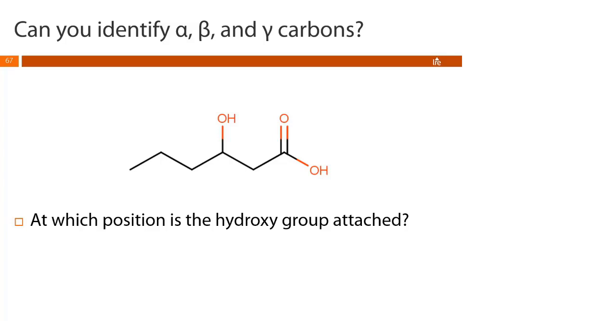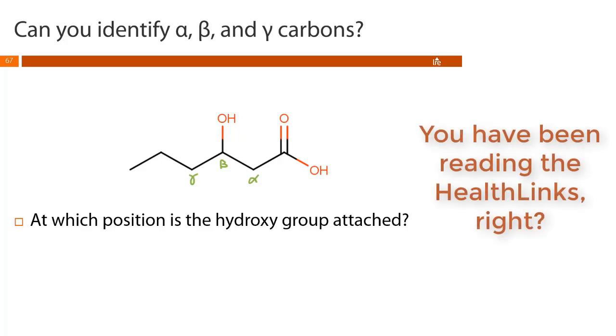So we have our carbonyl, and then the carbon next to the carbonyl carbon will be the alpha carbon, followed by the beta carbon and the gamma carbon. So this molecule is what we would refer to as a beta hydroxy acid. And if you've been keeping up with the health links in the book, you would know what an alpha hydroxy acid is and what they are commonly used for.